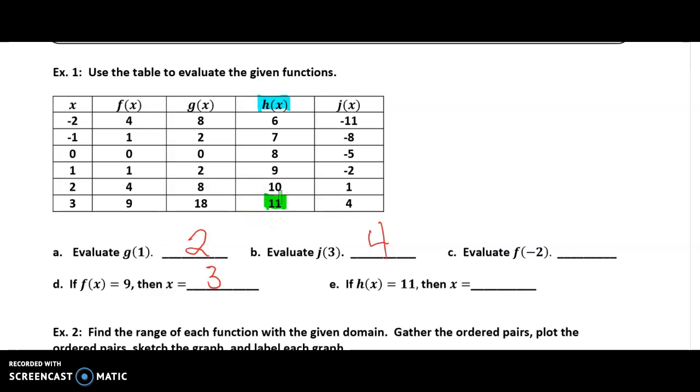There it is. Now we need to figure out what x value is needed for this function to have an output value of 11. So we look all the way to the left, and we see that value is 3. So if h of x equals 11, then x is equal to 3.